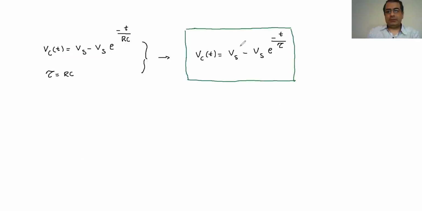In this equation we have two terms. These terms here show the steady state condition. That is what eventually it's going to be.